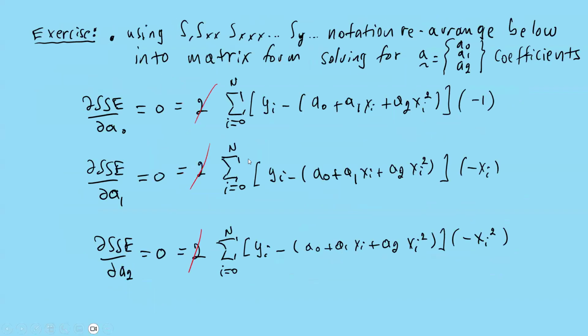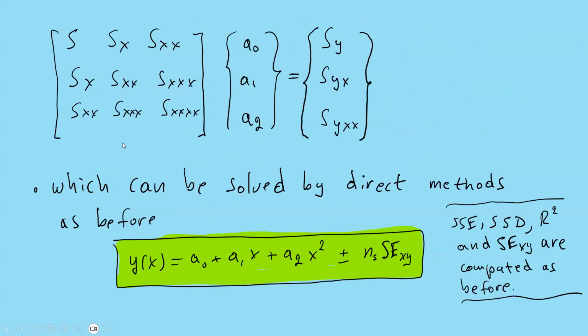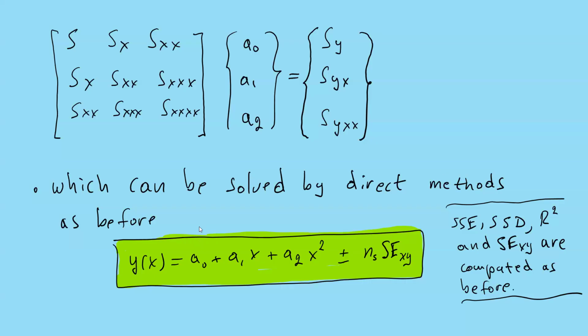This is the vector, and now we have this matrix, and this is the coefficient that we have to find.